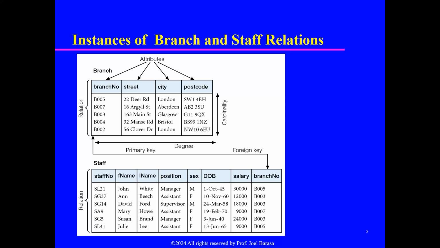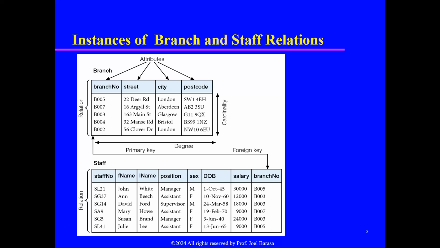So for instance, these are instances of a branch and a staff relation. So there is a relationship between a branch and the staff. We talked about the branch number being a primary key in the branch table, but it appears as a column in the staff table, not as the primary key of the staff table. Then it becomes a foreign key.